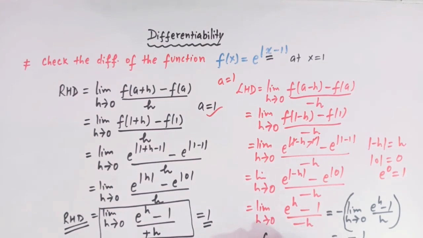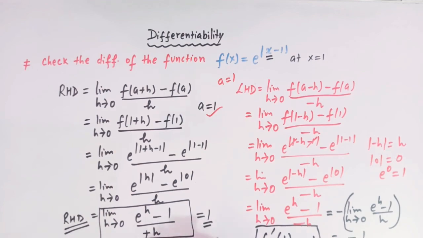So we can write the left hand derivative as f prime of 1 with a negative sign, that is equal to minus 1, right? So the left hand derivative is equal to minus 1, and the right hand derivative is equal to plus 1, right?